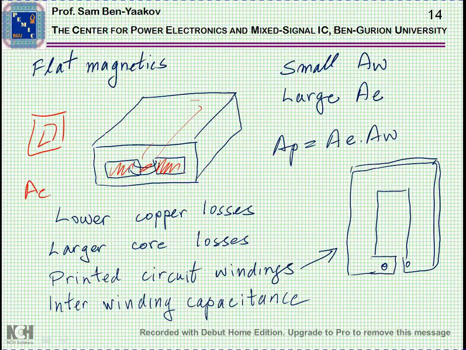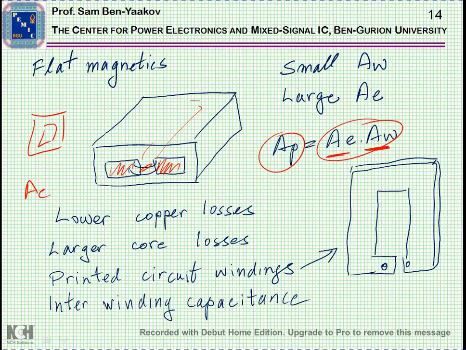Therefore, it trades the winding window for the cross-section area of the core. It turns out that this product, the AP product as we call it, AE times AW, is a measure of the core that you need.